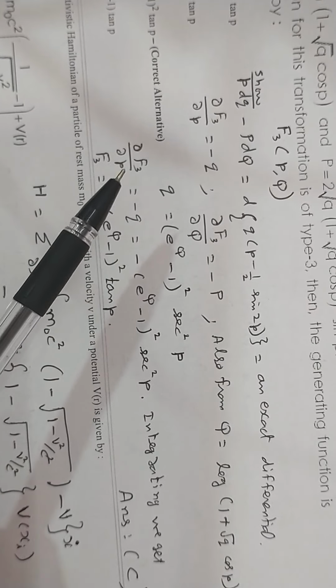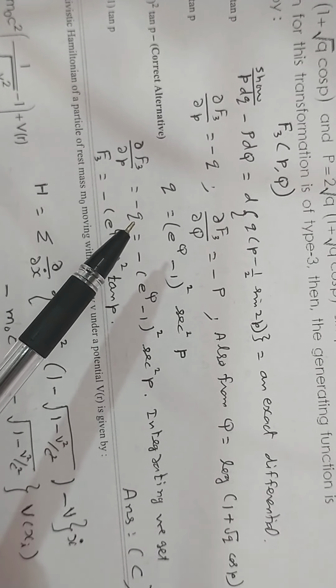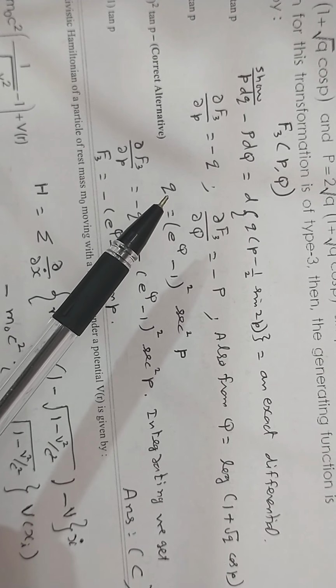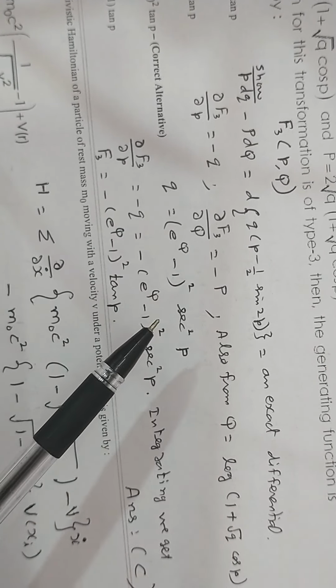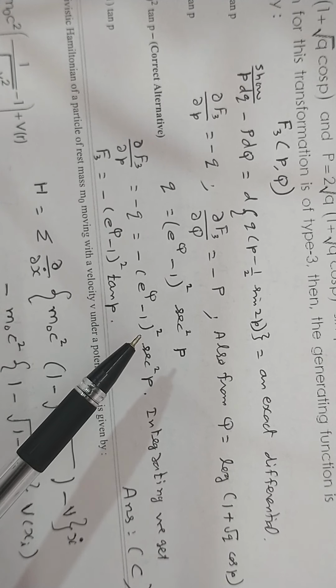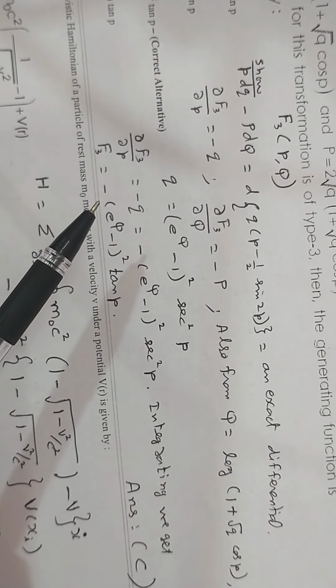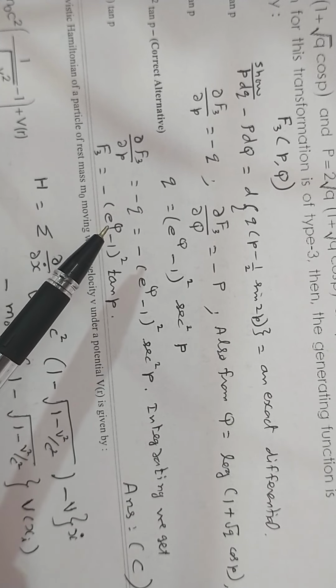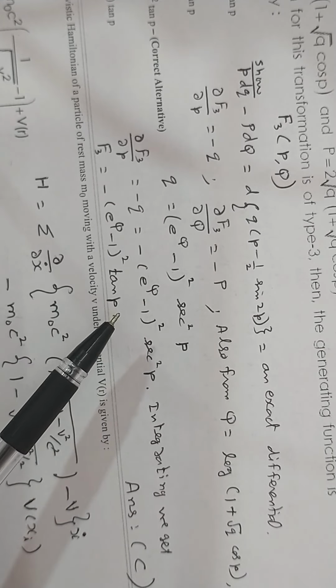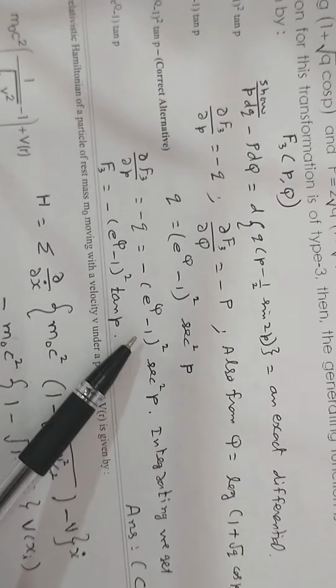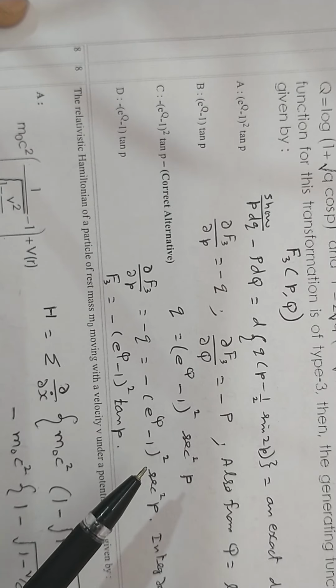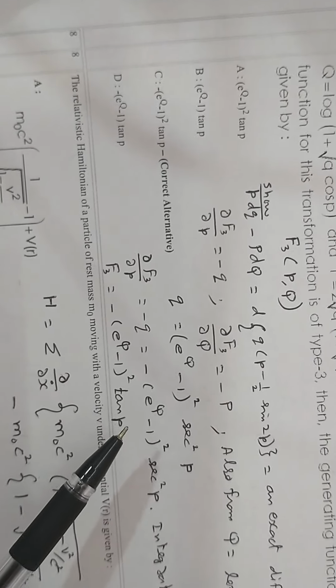So partial dF3 by dp is equal to minus q. We have already calculated q, so we substitute the value of q here. Now integrating, you will get F3 is equal to minus (e power Q minus 1) whole square tan p. So option C is the correct result.